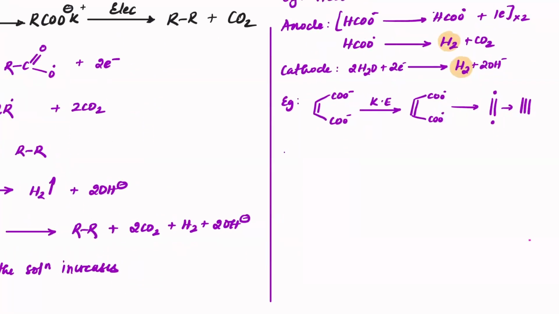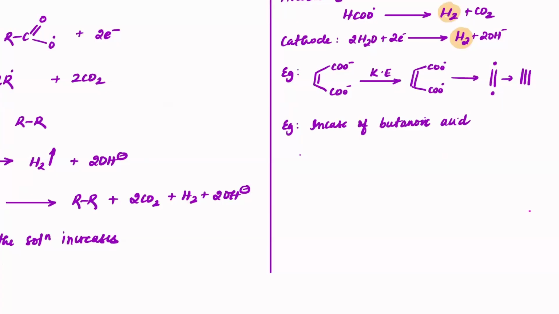Next example. In case of butanoic acids, I have COO dot CO minus; 2 moles will convert into COO dot plus an electron, plus 2 electrons, and this CO dot will convert into this dot plus CO2.